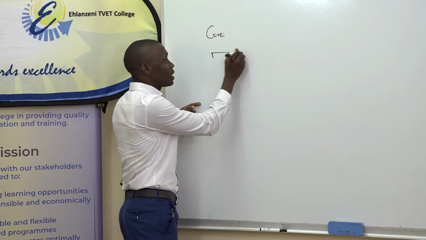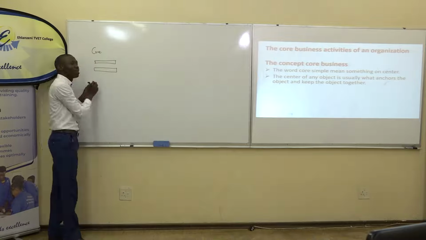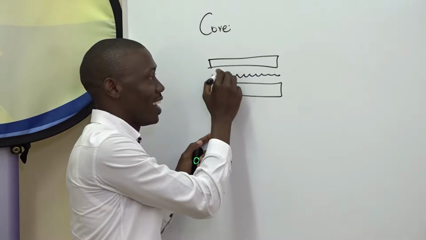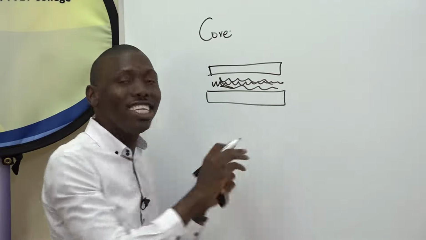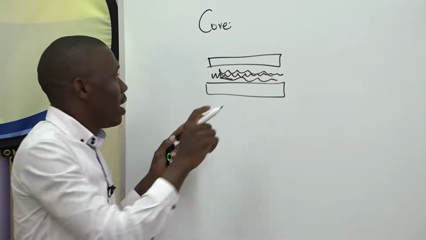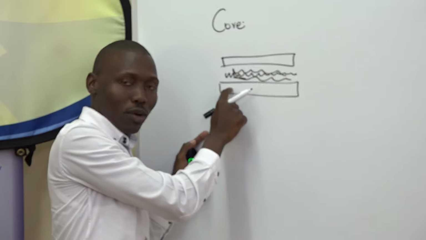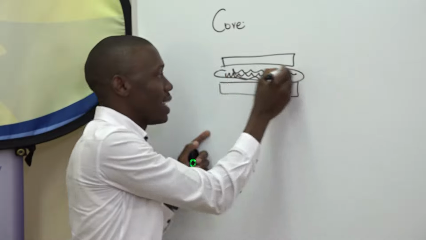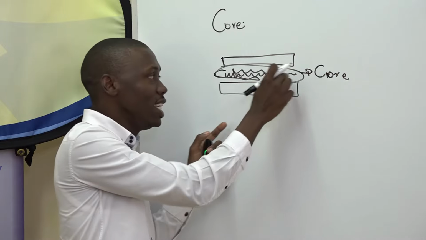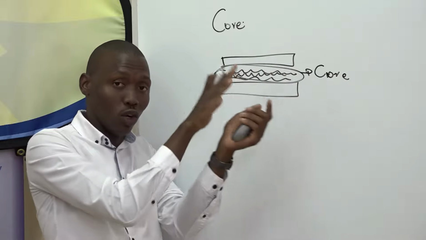It has a biscuit on top, another biscuit underneath, then in the middle there is that cream, which keeps the individual flavor of the biscuit. The flavor is not on the biscuit on top or the one on the bottom, but it's in the center. This is what we call core. And this cream is the one that keeps these two objects together.